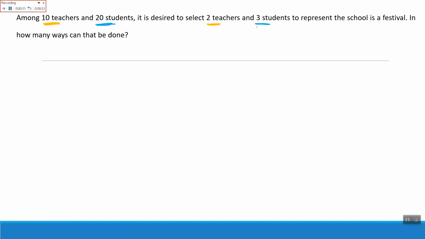This is not a seating question. I'm not going to seat them. We're going to select. And if we select them, are they going to have different responsibilities? Is the arrangement important? In other words, no. The arrangement is not important.